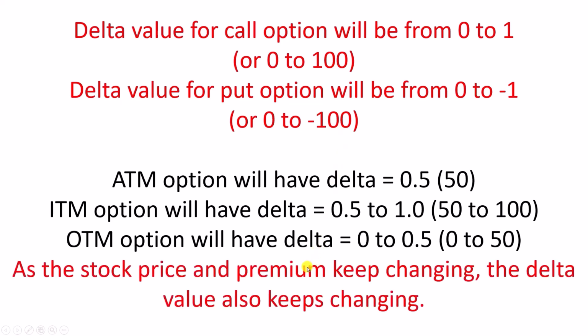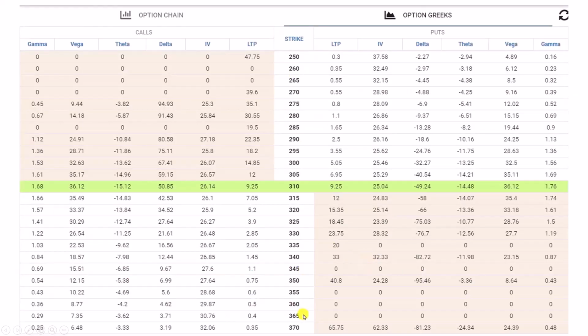And you must remember this: as the stock price and the premium keep changing, the delta value also keeps changing. If you see here, this is a screenshot. The price of the stock keeps on fluctuating, correct?